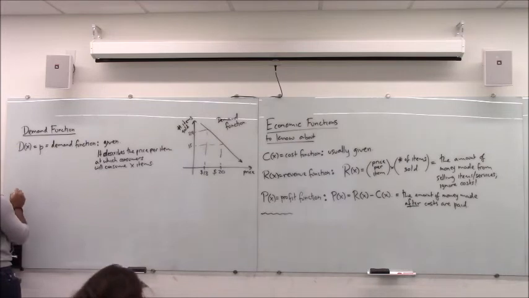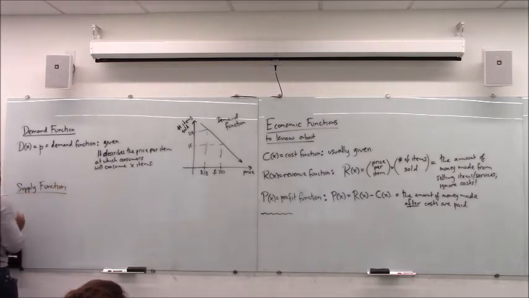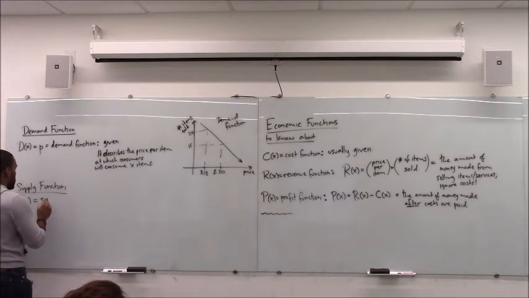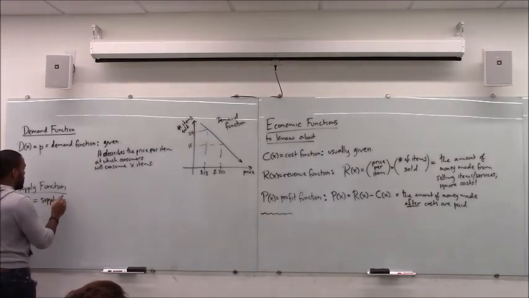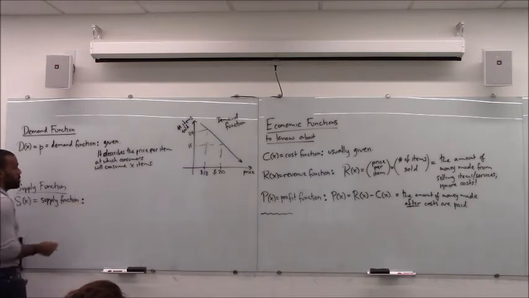There is also something called a supply function. This is X. It's called the supply function. Now, it's essentially the same thing as a demand function, but it comes from the perspective of the producer or the supplier as opposed to the consumer.